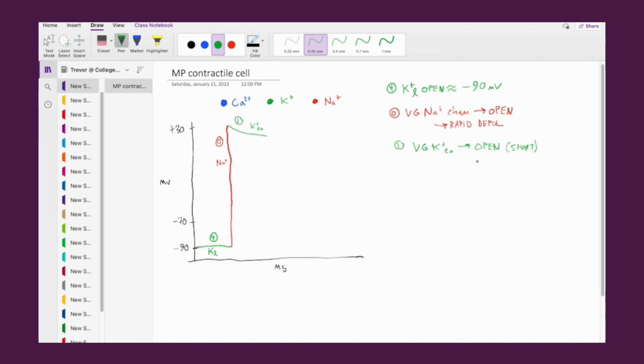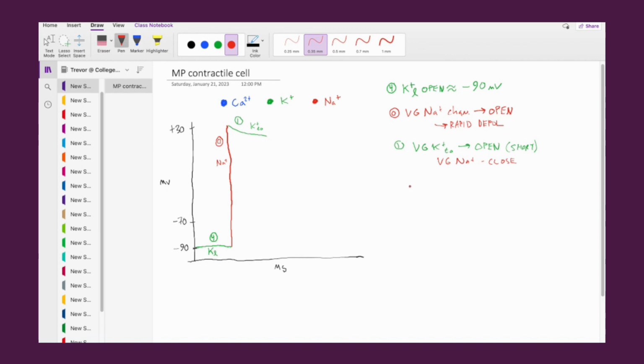When that leaves the cell, we get a little bit more negative, right? So we start repolarizing a little bit, and that's where we see this decline. Now the other event that happens here simultaneously, and I'll try to color code this correctly, is that those voltage-gated sodium channels from before are going to close. So voltage-gated Na plus close. And because those close, we stop having positively charged sodium ions entering the cell, and that's how we start to decline here and return back toward polarization.